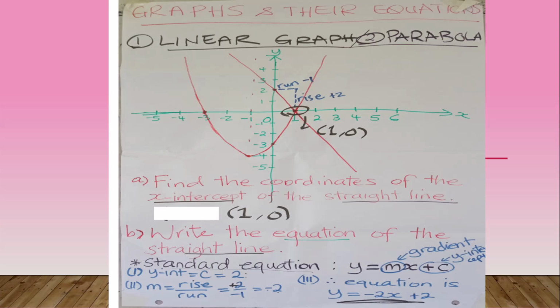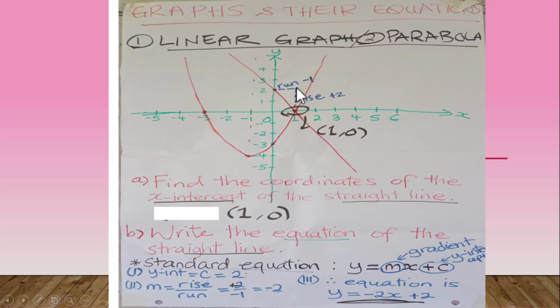So this point right here is a nice point since the coordinates are whole numbers, and this point is also a nice point since the coordinates are also whole numbers. So we are going to use these 2 points, the x-intercept and the y-intercept, to calculate our gradient. First, rise: from the bottom point, we rise up and we count the number of units that we go, 1, 2, and since going up is a positive movement, it's +2.